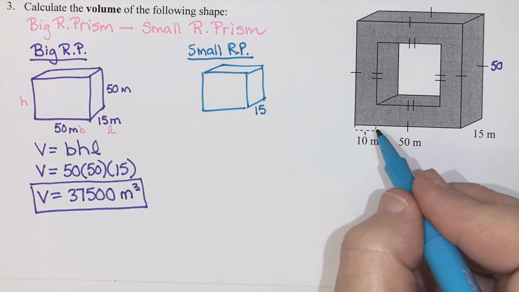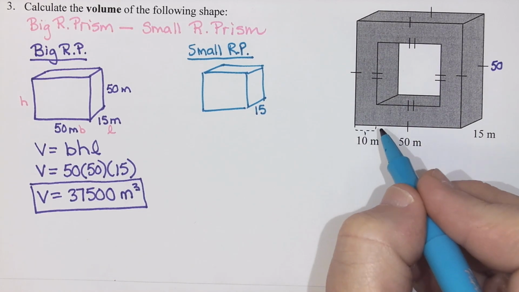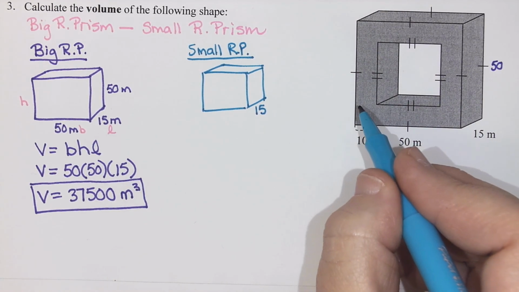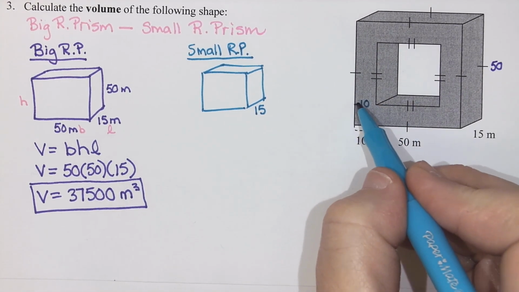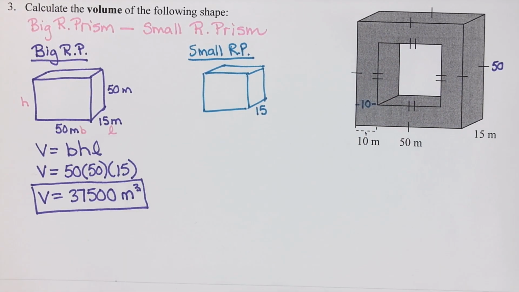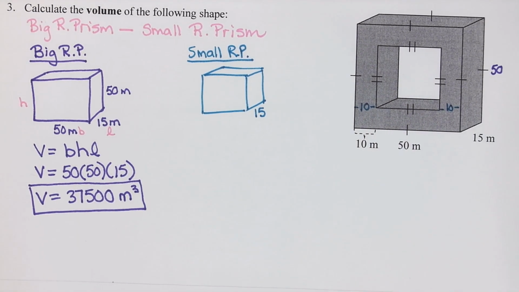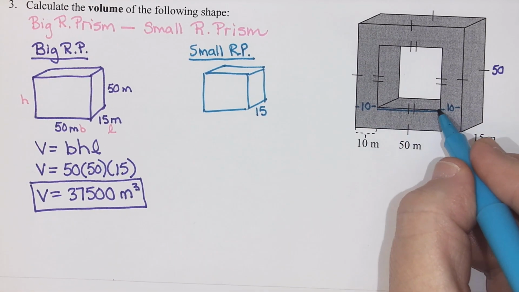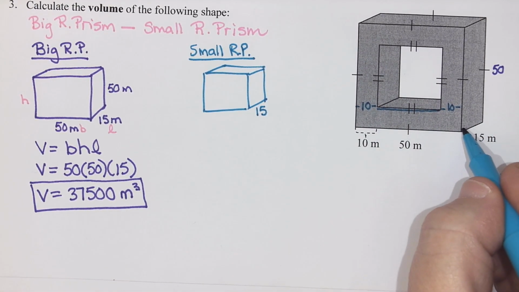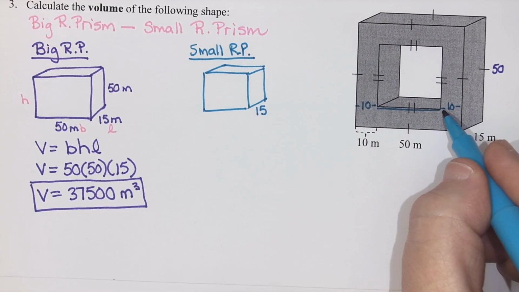So I do notice that this whole side is 50, and there's a little marking here that shows that this distance here is 10. So there would be 10 meters on this side of the hole and 10 meters on that side of the hole, meaning that this remaining side should be 50 minus 10 from the one side and then minus 10 from the other.